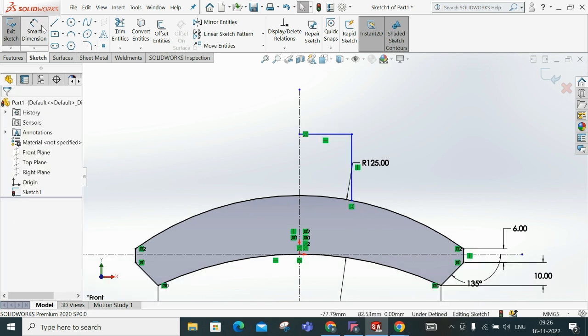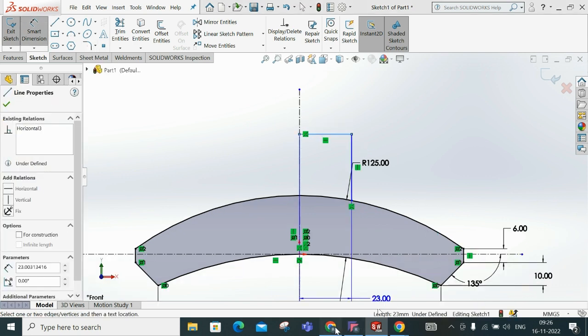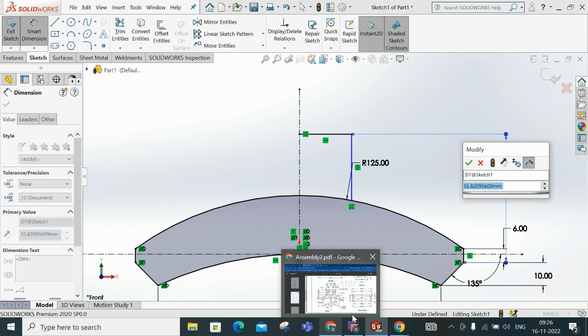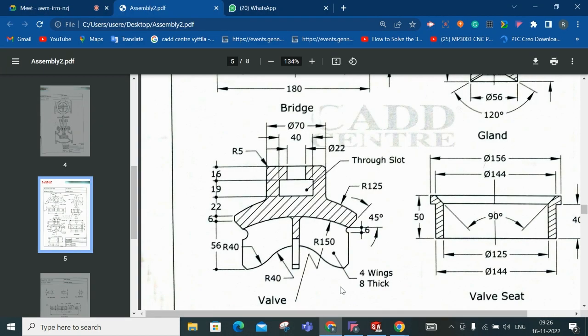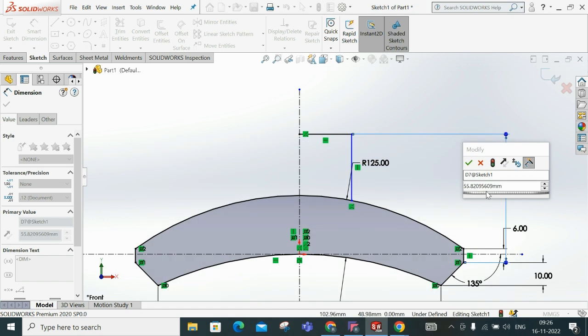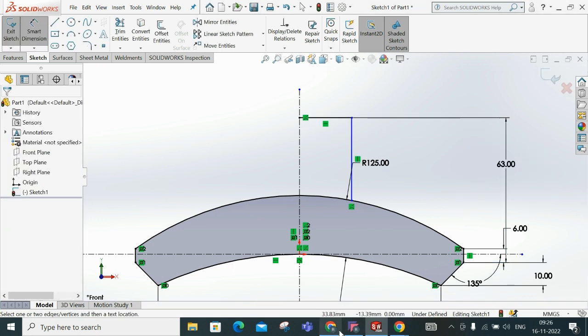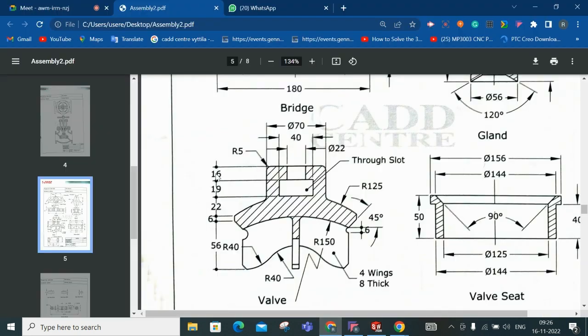Don't bother to calculate. From here to here, it is 16 plus 19 plus 22 plus 6, 6 plus 19 plus 22 plus 6, right? 63. 16 plus 19 plus 22 plus 6.